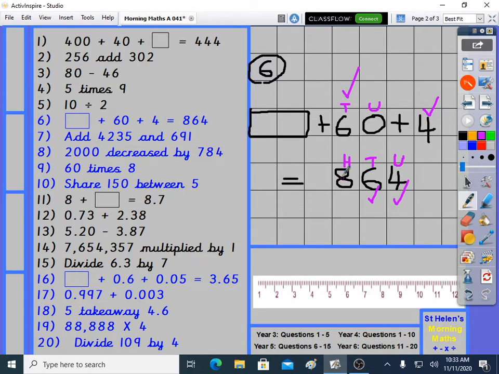So we need 800. It's not just 8, is it? It's worth 800. Down here in the answer, the zeros from the 800, they're hidden underneath the 64, aren't they, really? So we get 864 because 800 and 60 and 4 sounds like 864 because it's worth the same. And we can go to question 7.